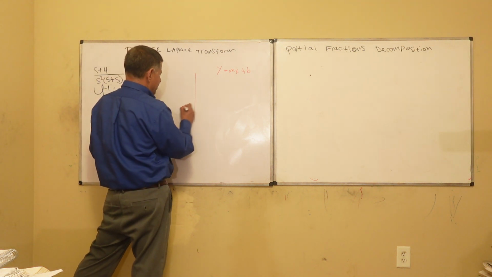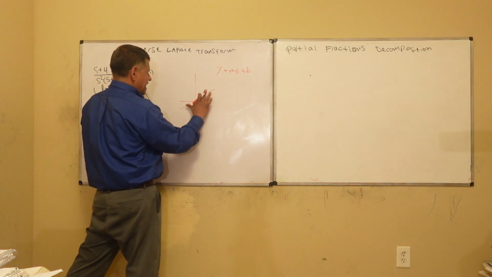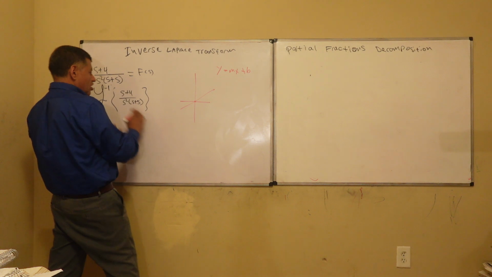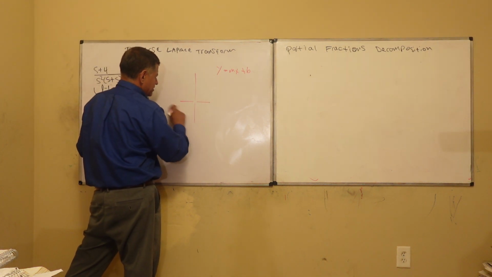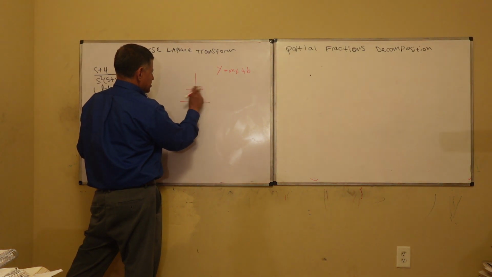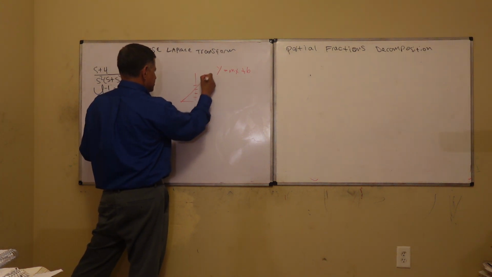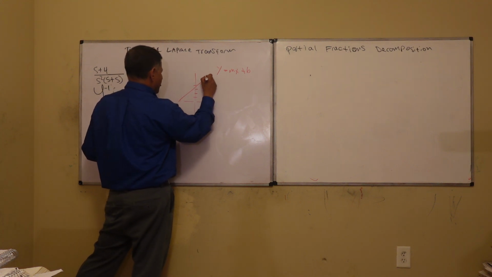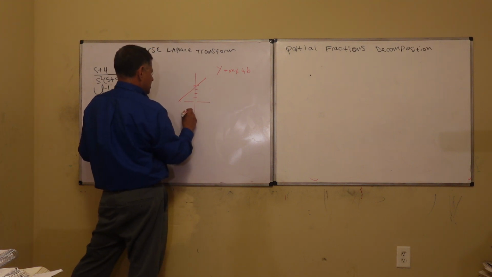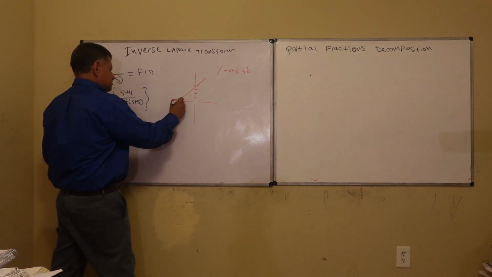Over here, I have like a parabola, right? On the numerator, I have a line with an intercept of 4, that goes upward and just goes to infinity.